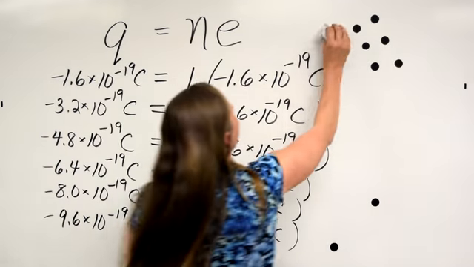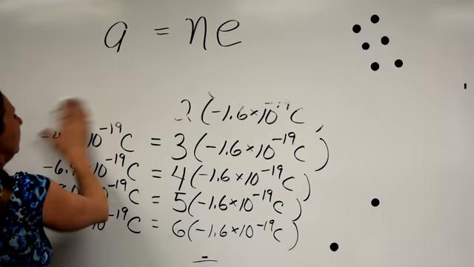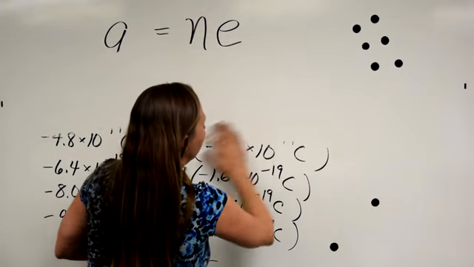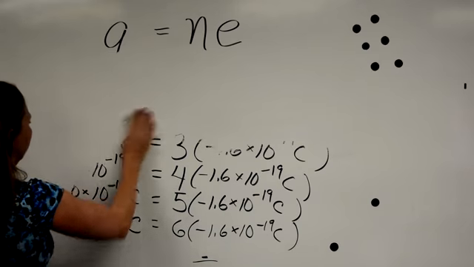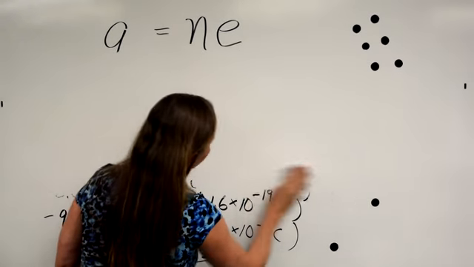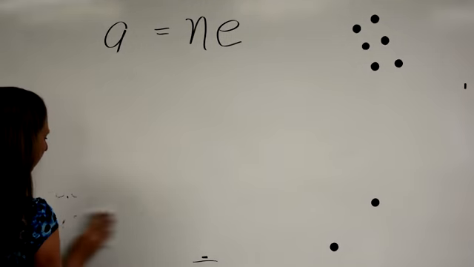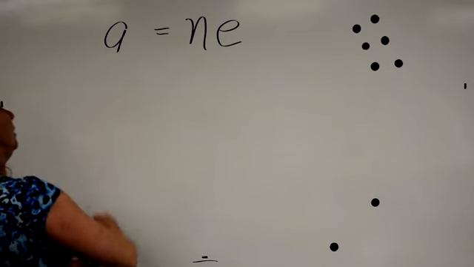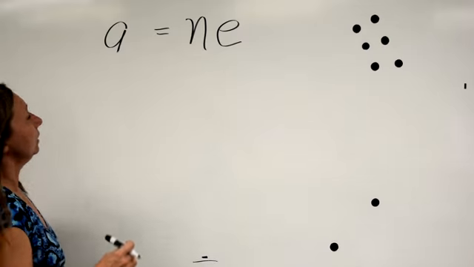All right, so now you should copy down this equation. You're probably not going to see this equation anyplace else. This equation is more like physics common sense. But if it helps you to have a little equation, then that's a good thing. So there's your little equation. Like I said, you're probably not going to see it on the internet. You're not going to see it in a textbook.